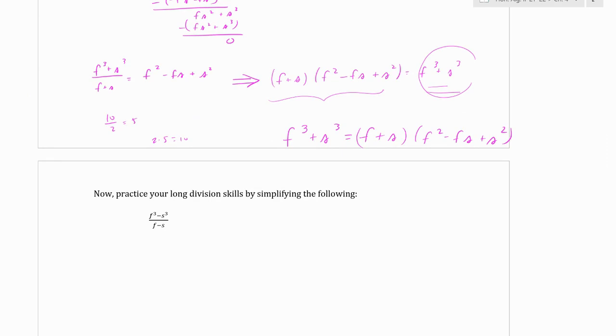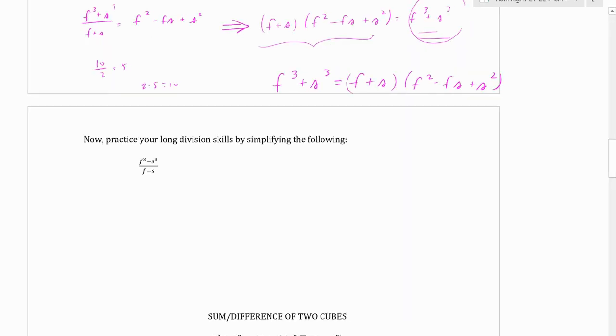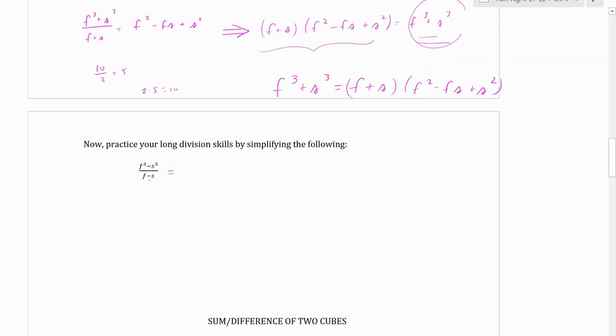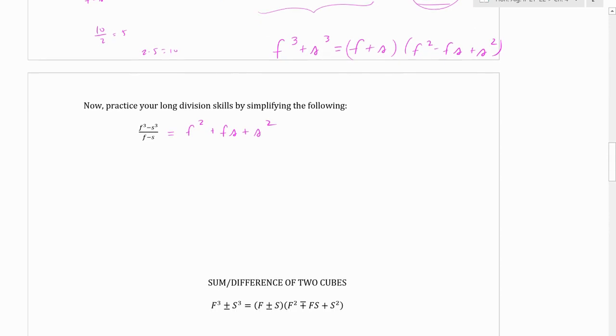All right, now in class I figured that we would practice our long division, but I stopped right here and tried to explain to everybody what exactly this meant, and it took forever. So I ended up not doing the long division for this one. But I can tell you that if you did the long division, it equals that. Which means that f cubed minus s cubed is f minus s times an f squared plus an fs plus an s squared.